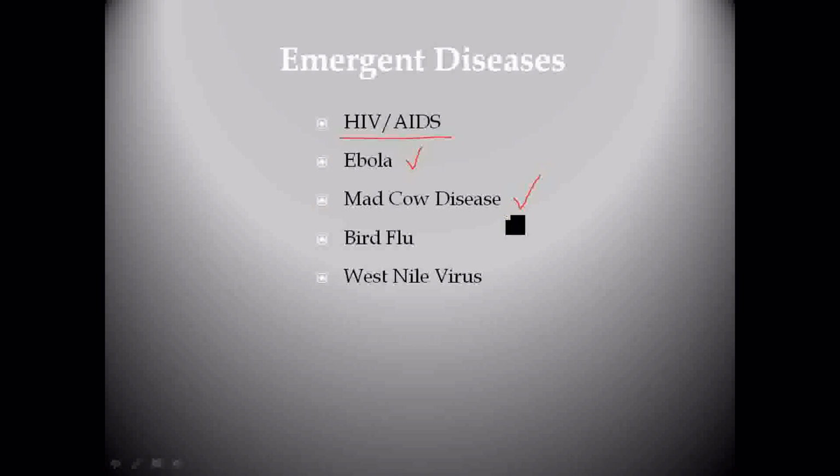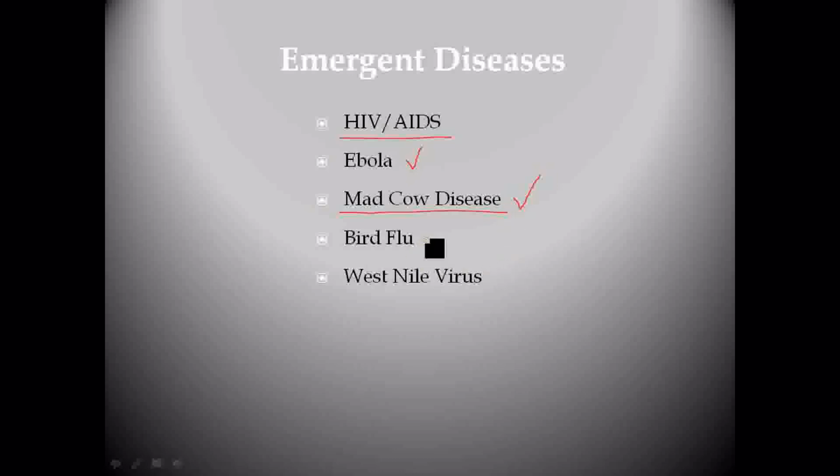I'm trying to say this as nice as I can. Ground up beef parts and feed them to cows. And so the cows were ingesting this deadly virus. If you ingest the cow that has the virus, you can become infected. The number of human infections of mad cow disease is really, really small. It was never a big thing.